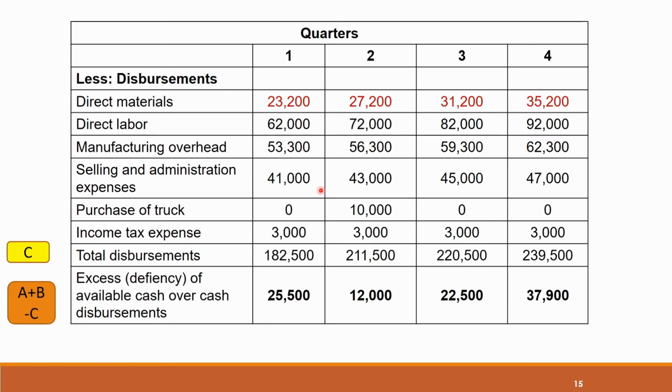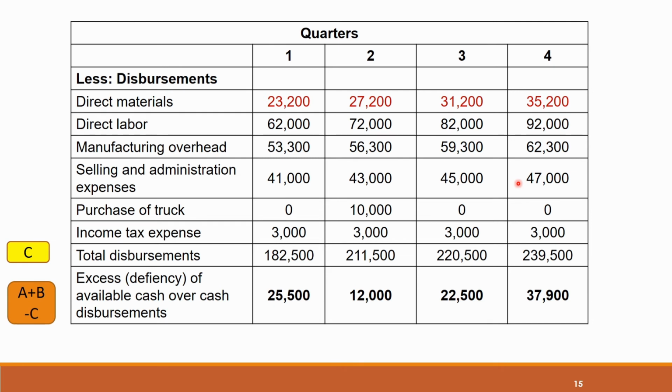And also selling and administration expenses we have to record in the cash disbursements. 41,000 for the first quarter, the second quarter 43,000, the third one 45,000, and the last one 47,000.